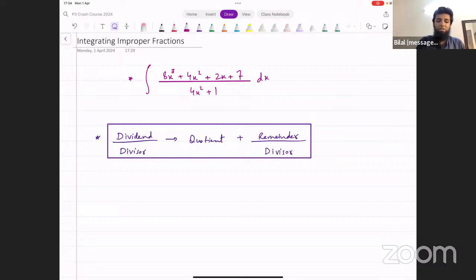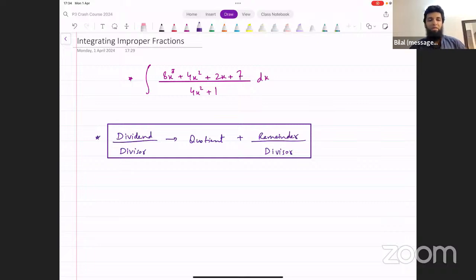Okay. Now, sometimes they give you a hint about this in the question. As for example, they would ask you in the first part of the question to divide 8x cubed plus 4x squared plus 2x plus 7 by 4x squared plus 1. And then in the second part, they would ask you to integrate this fraction. But a lot of times, they would just ask you to integrate this directly without giving you any hint.